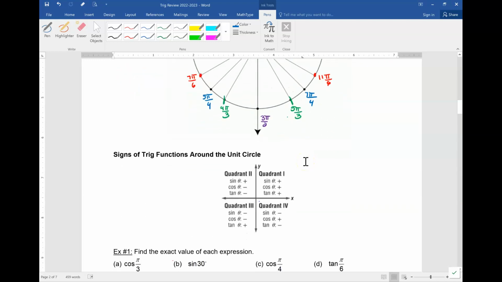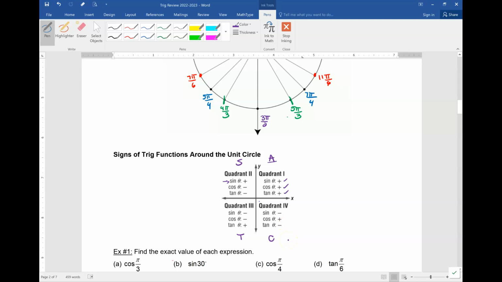And for that, we have this acronym. I don't normally like mnemonics, but this is the one case where it's okay. So it's All Students Take Calculus. Where you have A, it means all the functions are positive. Sine is positive, cosine, tangent, they're all positive. In the next one with the S, only sine is positive and everything else is negative. And then here, tangent is positive and then cosine is positive.